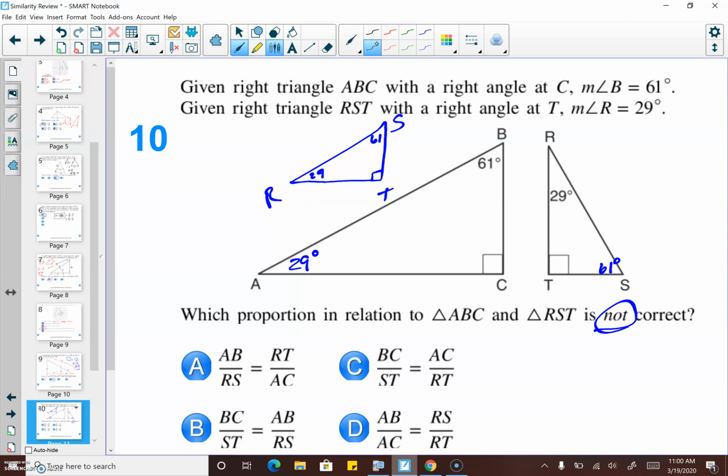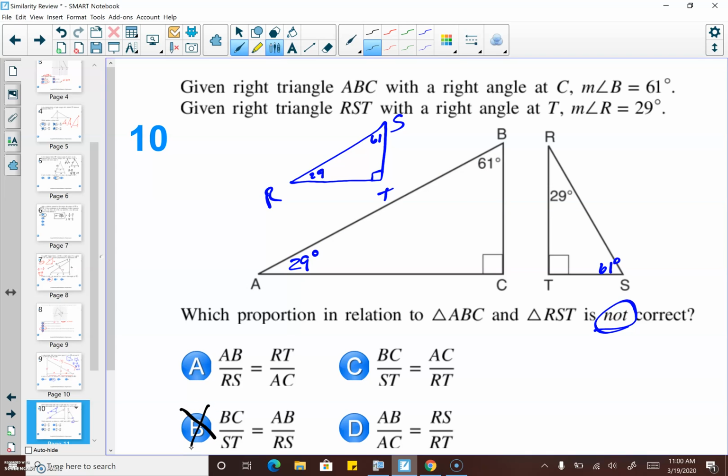So if we look at our proportion, AB over RS, so big hypotenuse over little hypotenuse, equals RT over AC. So they went big over little equals little over big. So we know that one actually is the one that probably is not correct, but let's check the others. So if we go down to B, we have BC over ST, so big right over small right, equals AB over RS, big hypotenuse over little hypotenuse.